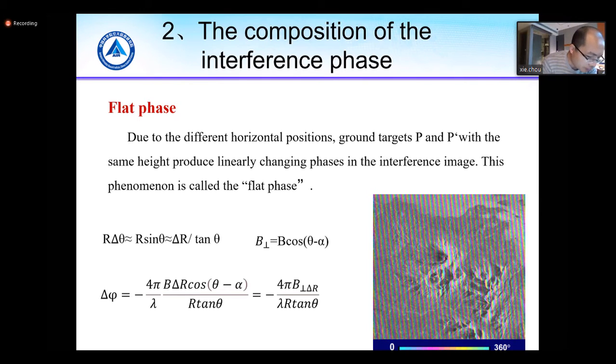It can be seen from the formula that a linear change of interferometric phase would also be produced on flat ground without elevation change.